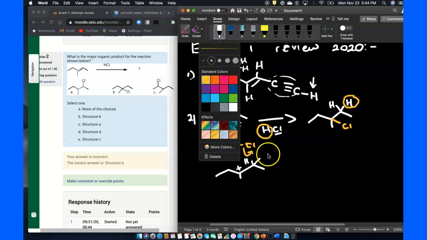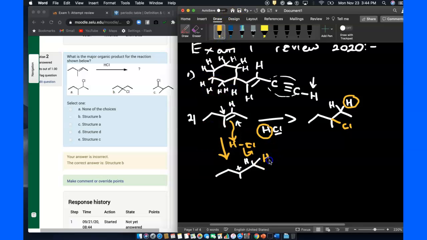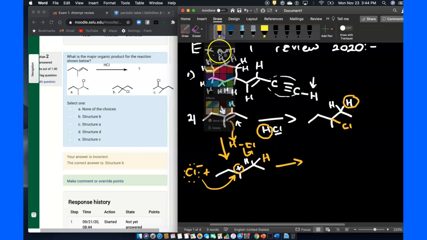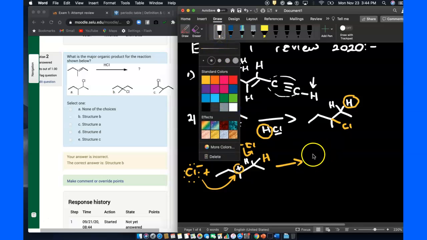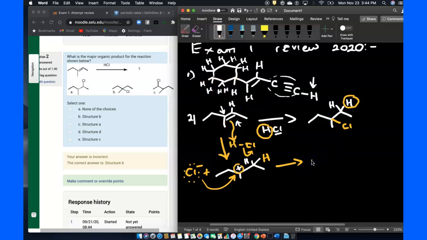So this hydrogen is gone there. Now you have a plus charge here. Now remember, the Cl fell off. So the Cl is going to come back as a nucleophile, attacking the positive center because opposite charges attract. And then you will definitely end up with this product.